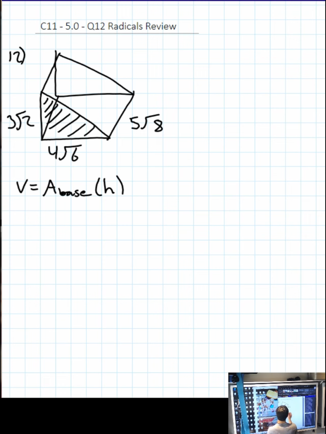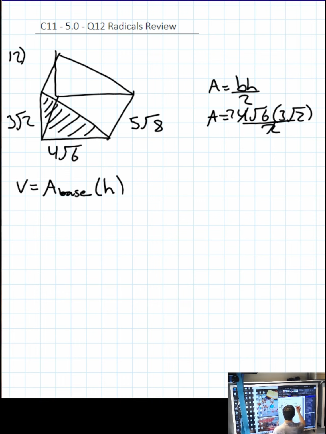And off to the right, we can find that. So that's A equals BH over 2. So we can say A equals 4√6 times 3√2 all over 2. So we can cancel. We have 4 over 2, so we can cancel the 4 and the 2 and replace it with 2 on the top.